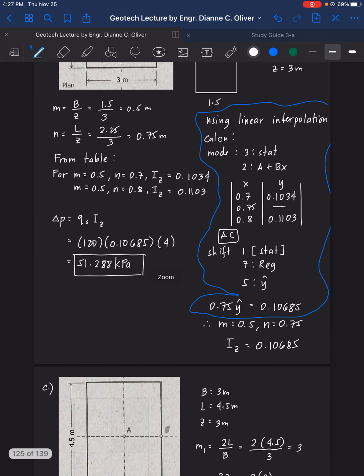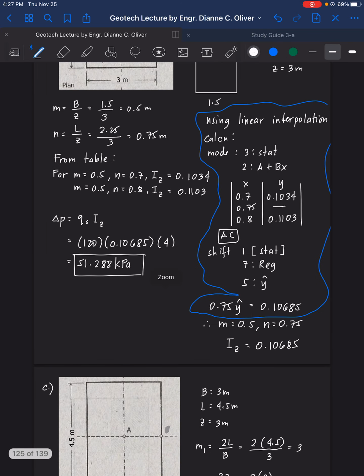So this one here, 51.88, we have 63, we have 37, so we have 53.88.